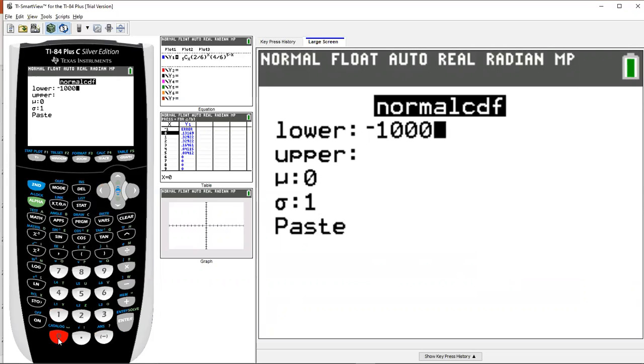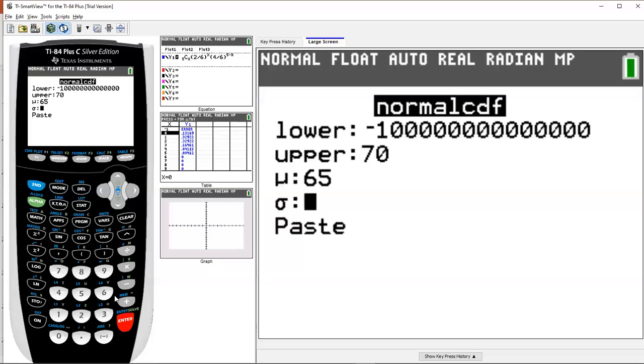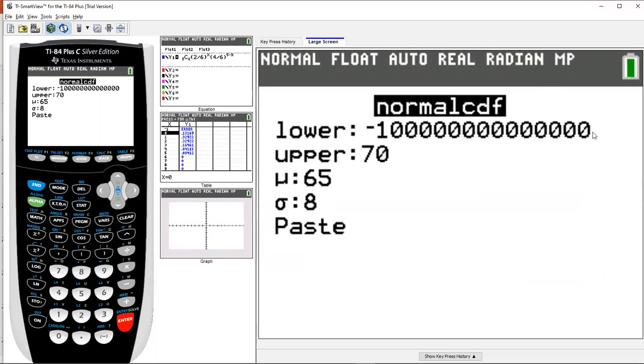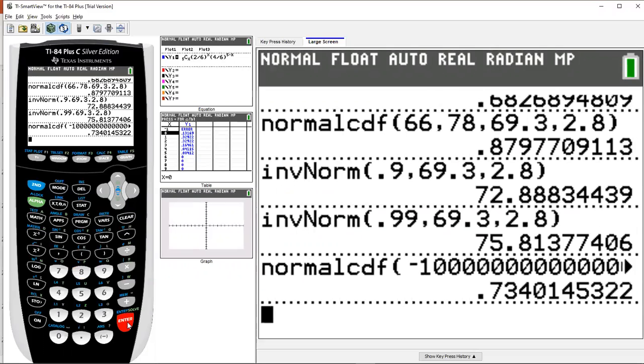And really the decimals involved won't make a humongous difference, so we'll just again do negative infinity. We're only going as high as 70. 65 was the mean, the standard deviation was 8. So we're going from negative infinity, or negative a huge number, up to 70. If you work that out, you get 0.7340.